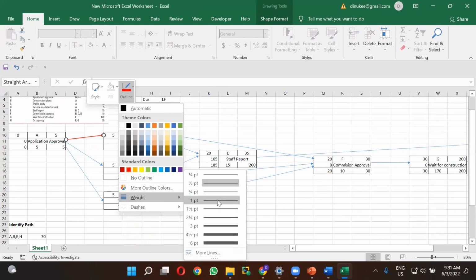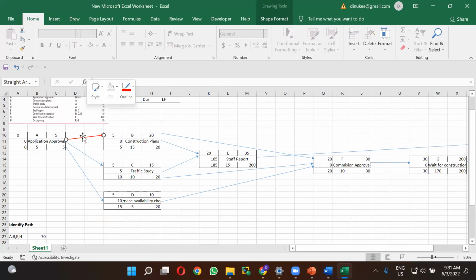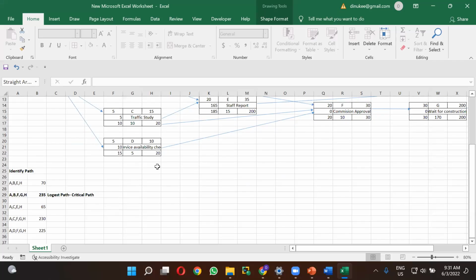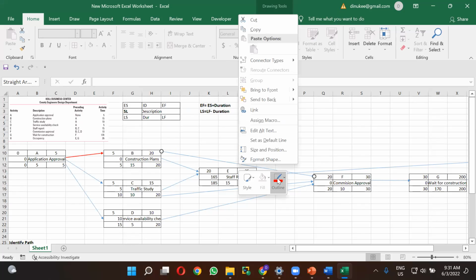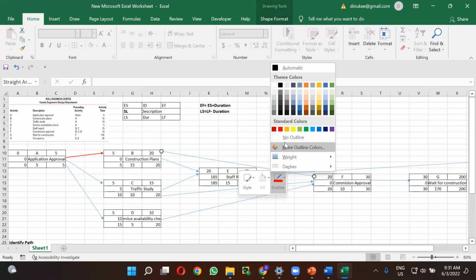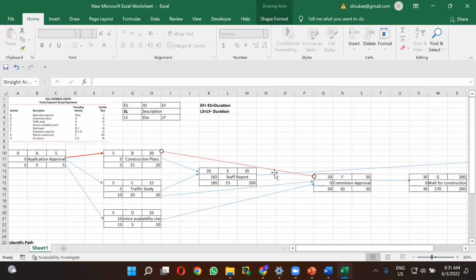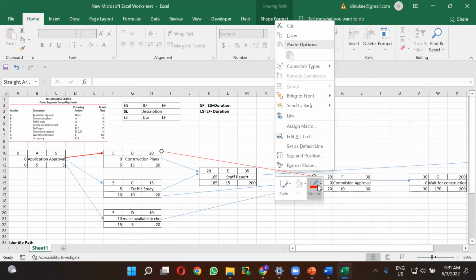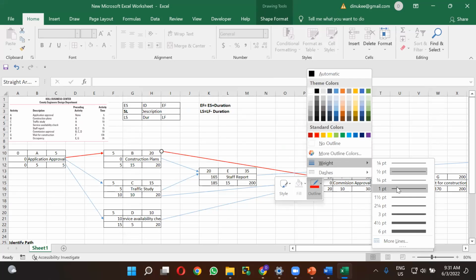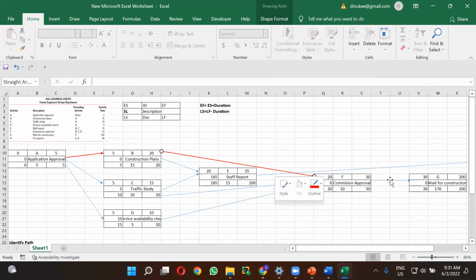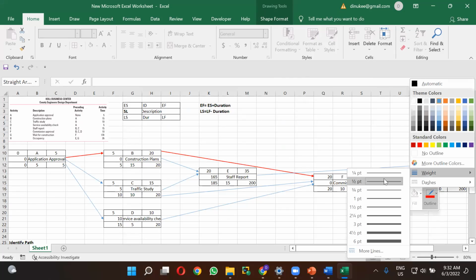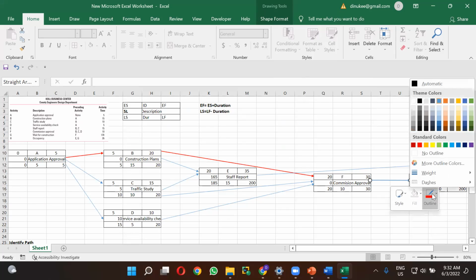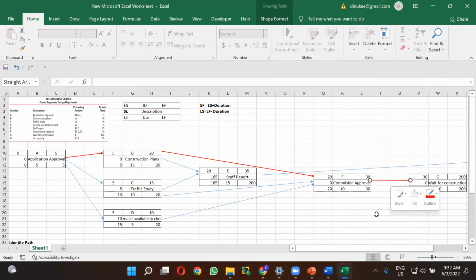A, B, F, G, H. So after identifying the critical path, you have to clearly show it in this way.